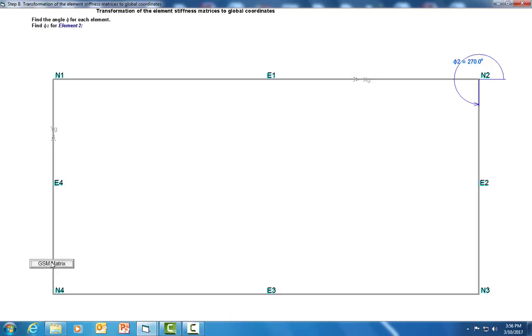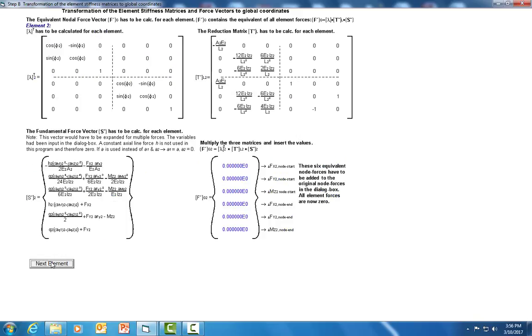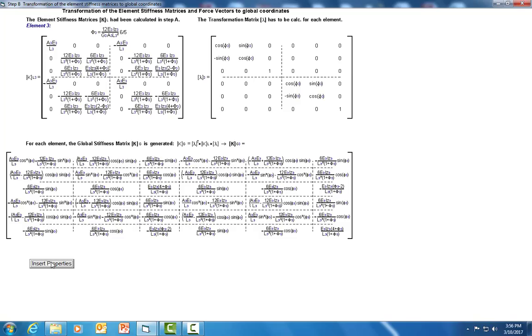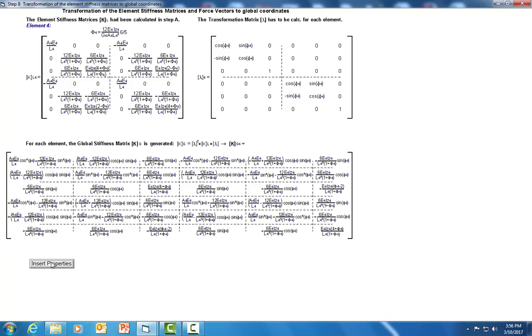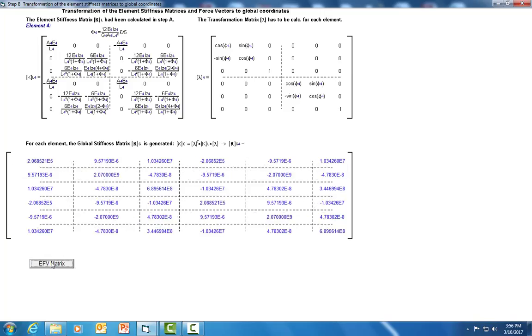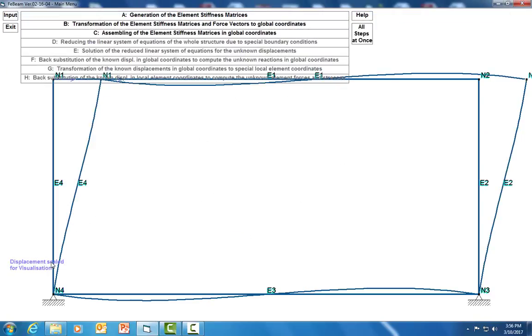So now we go for every element, we go through the transformation, it has to do where the members are located, and therefore displacements here are for visualization larger than in reality.